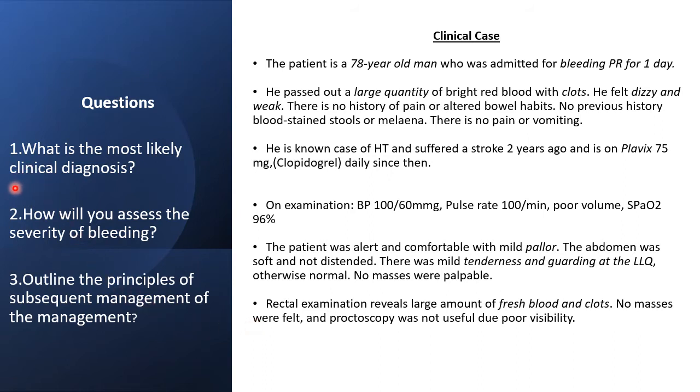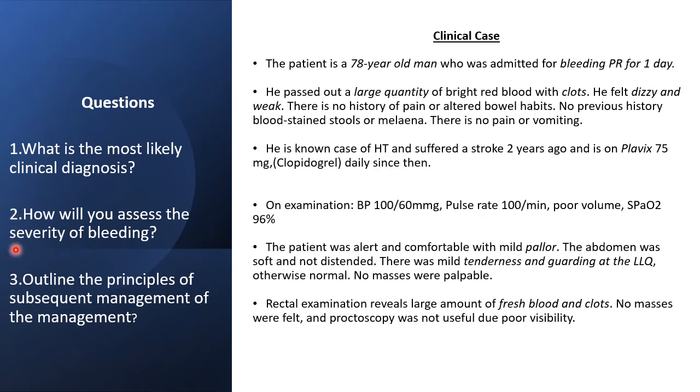What is the most likely clinical diagnosis? The answer will be bleeding diverticular disease. The second differential diagnosis will be a carcinoma of the colon, especially the sigmoid or descending colon.